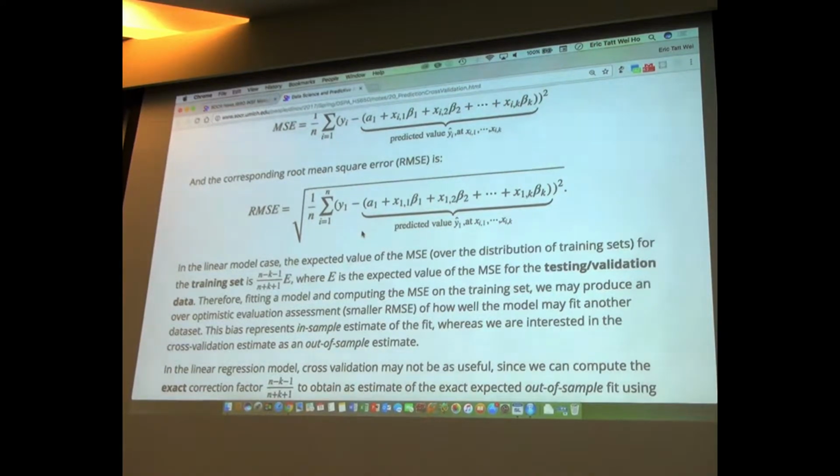Typically, as one can expect, on new future data, the error rate is expected to be higher. That's natural to expect.